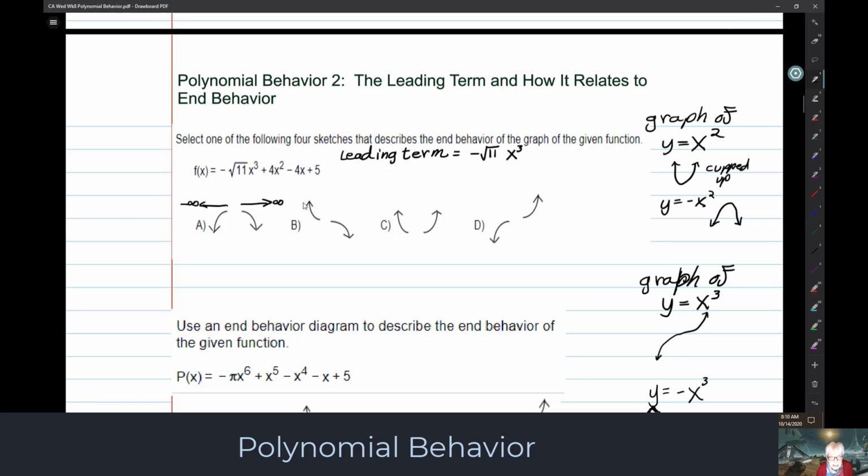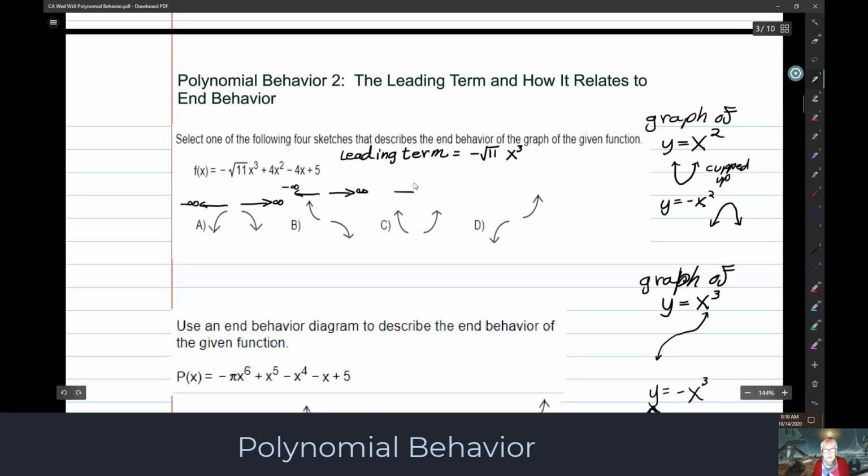These drawings are called end behavior, negative infinity, positive infinity. For those who wonder what's happening way, way out on the left and way out on the right on the x-axis.